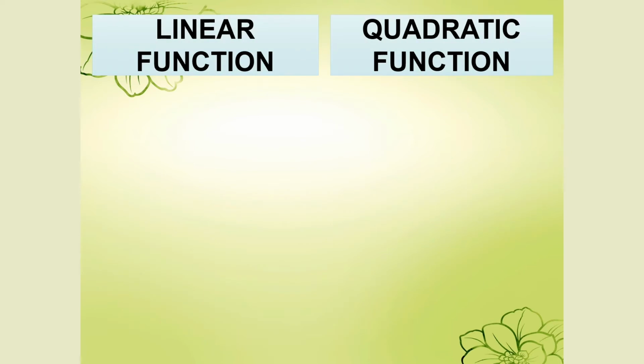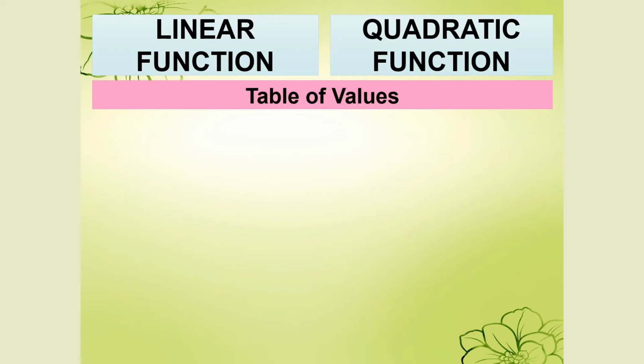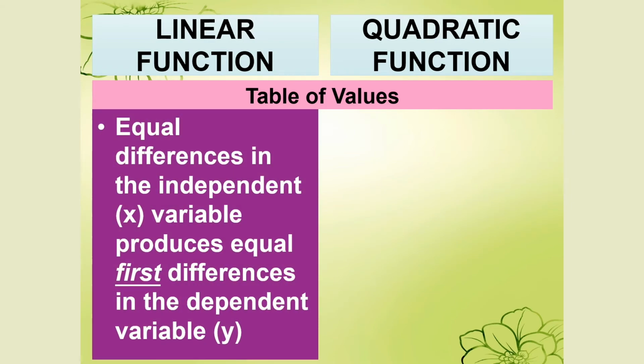Okay, next difference of these linear and quadratic functions is in terms of table of values. For the linear function, equal differences in the independent variable x produce equal first differences in the dependent variable y.